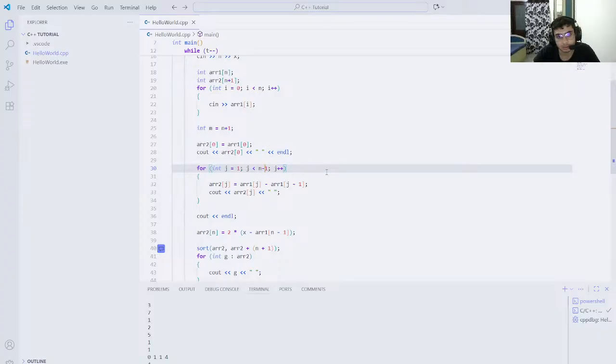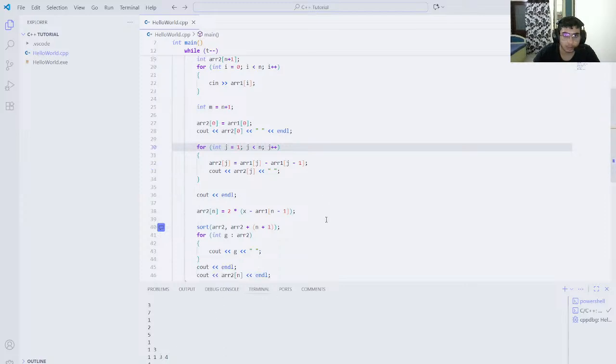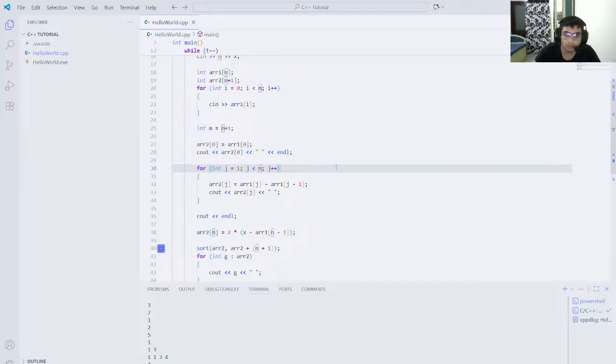It should be n, right? I think now it should work fine. I think this was the issue.